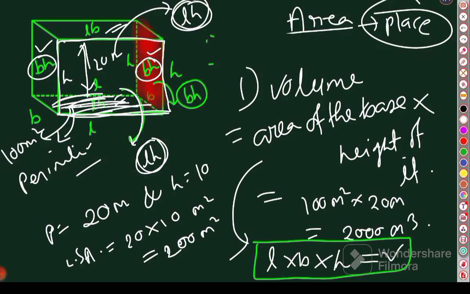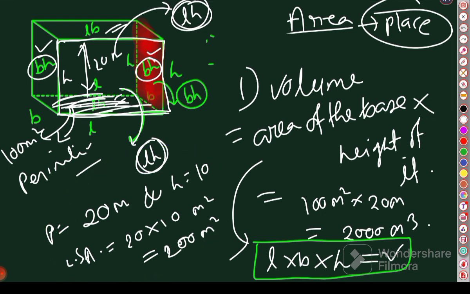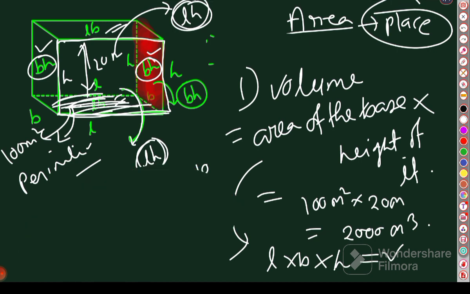Chalo. So in case of cube, you tell me now what will be the volume. In case of cube, L, B, H, each side is equal. If its measure is a, so in place of L, B, H, it will be a into a into a.